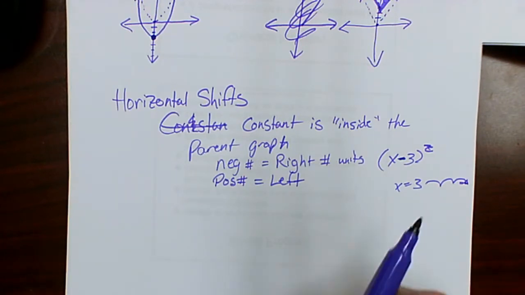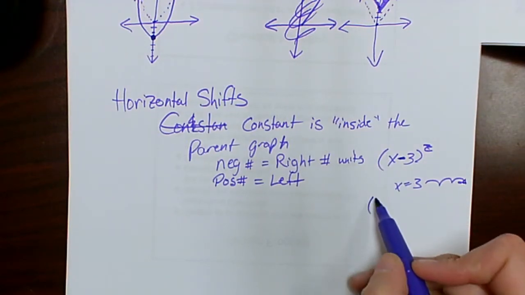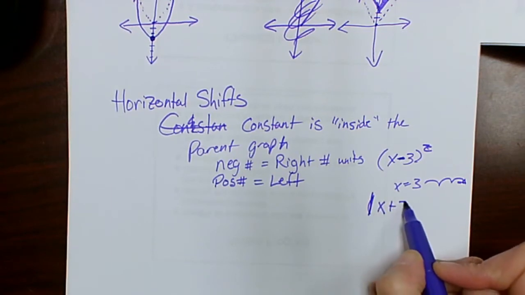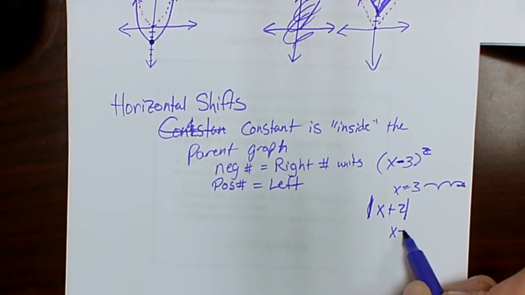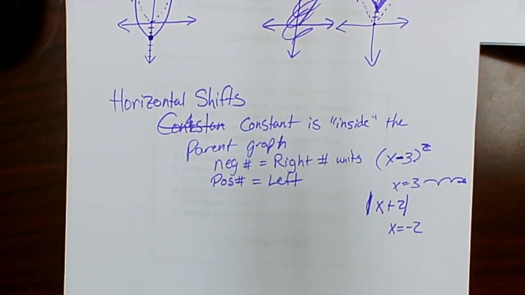So when you do horizontal shifts from left to right, you have to remember the opposite of where you want to go. So a negative number, although the negative numbers are on the left side of the graph, you still have to move right.